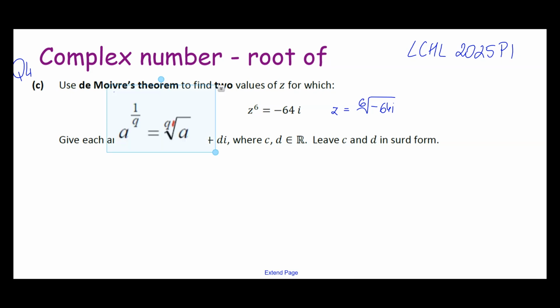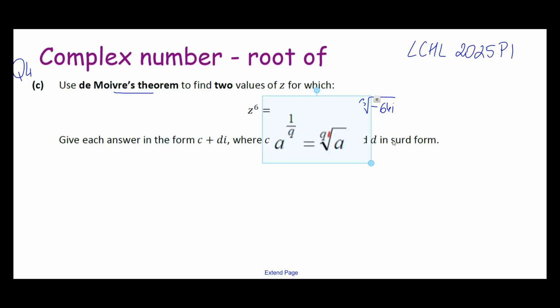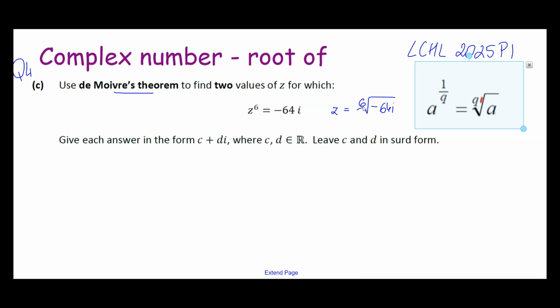Let's write that here. This formula basically means that if I want to change the way it is written, it becomes a fraction. So z is taken to the power of 1 over 6.